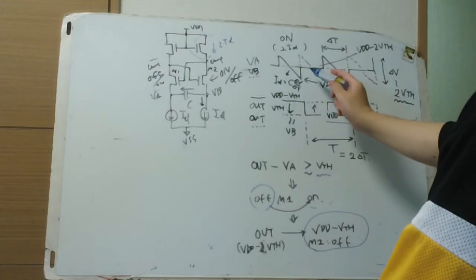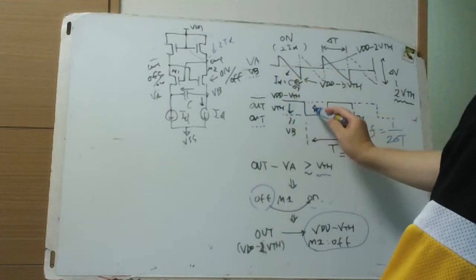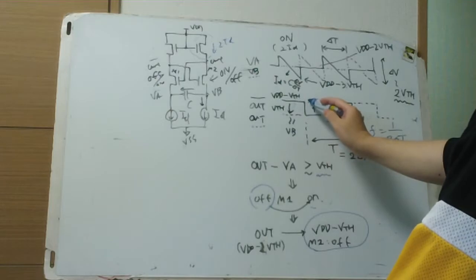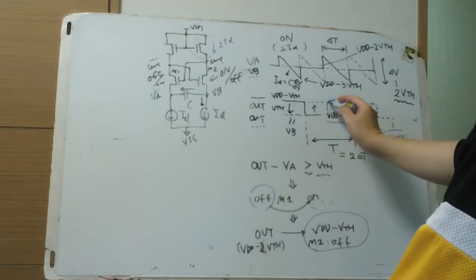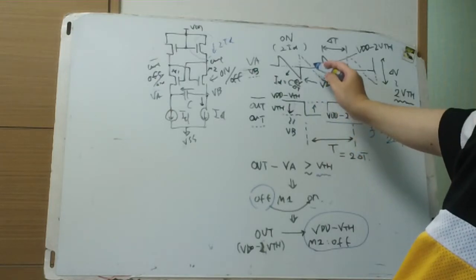And at this time out is going to VDD minus VTH, the dotted line, next time.